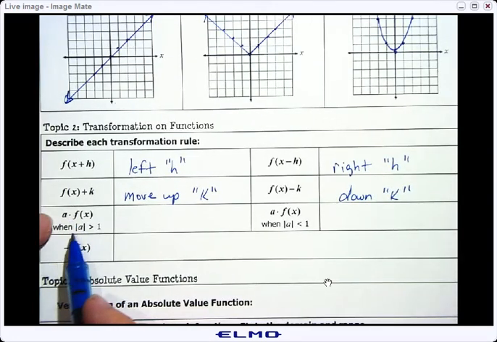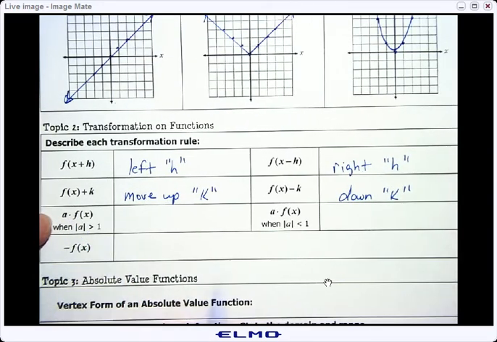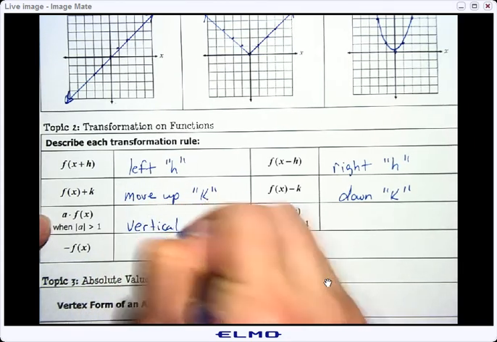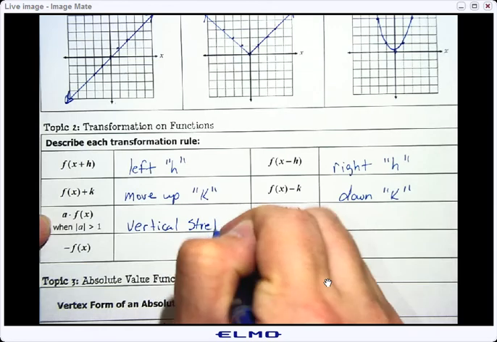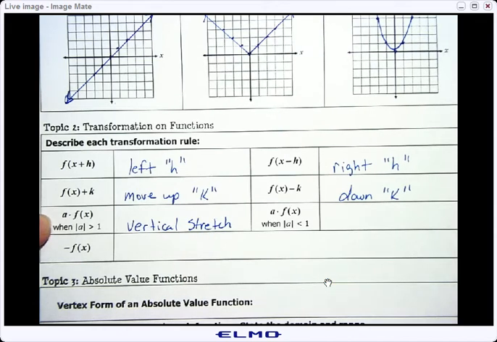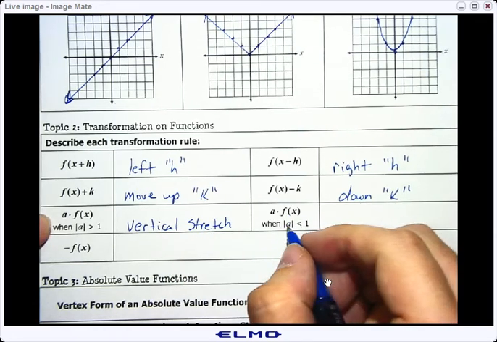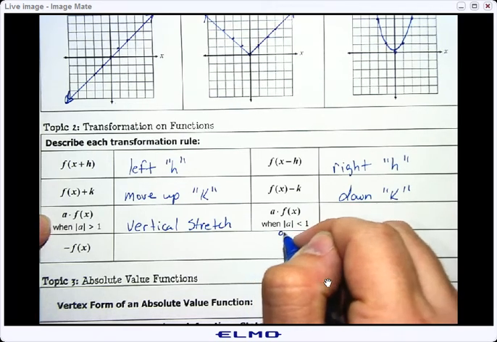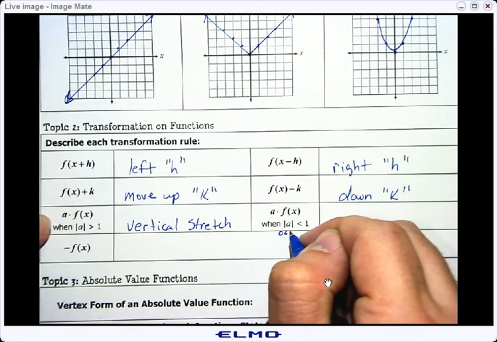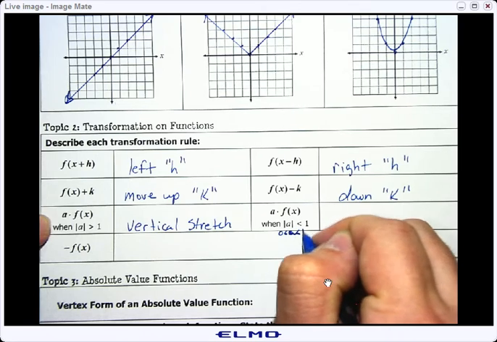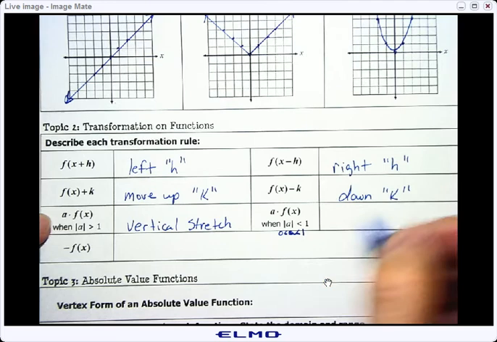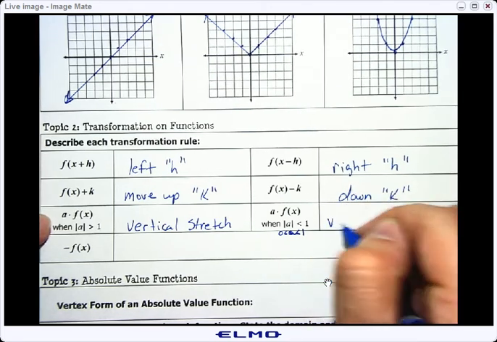Multiplying by a number greater than 1, or the absolute value greater than 1, that's going to be a vertical stretch. Multiplying by a, absolute value of a less than 1, remember that's the same as saying between 0 and 1, so a fraction less than 1 but greater than 0, that is a vertical compression.